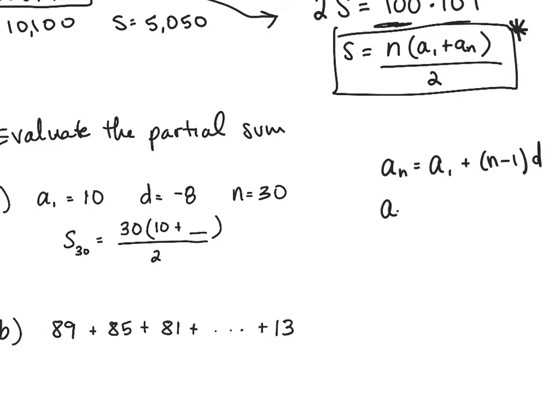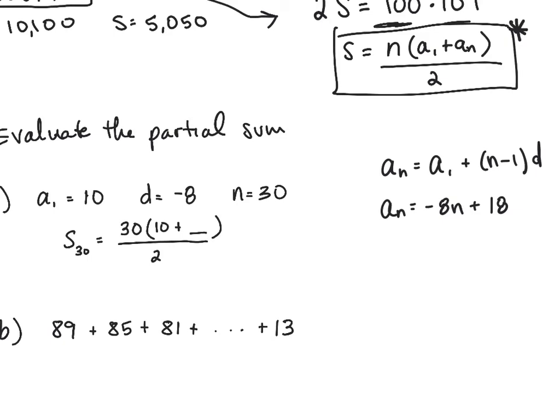Or the other way was to say, well, it's an arithmetic sequence, so it's going to resemble a linear function, mx plus b, slope-intercept form, where the common difference is like your slope, and then this term here is kind of like your y-intercept, or the term in front of the first term. So if the first term is 10 and the common difference is -8, then if there were a term in front of that first term, it would be 18. So this is our explicit formula for this sequence.